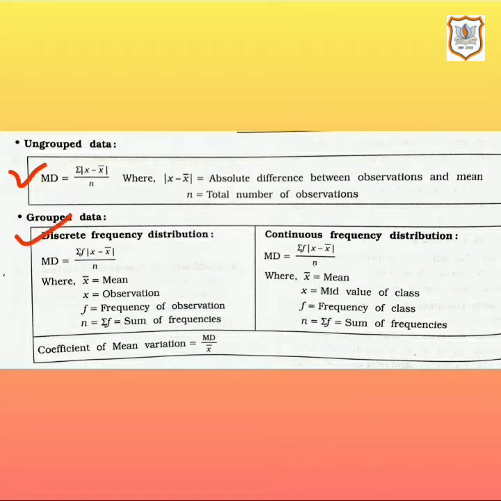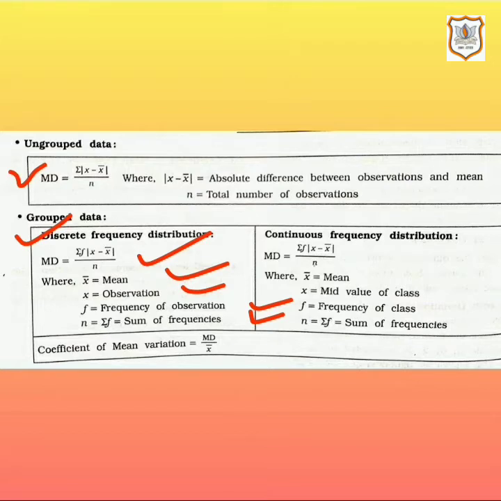For grouped data in discrete frequency distribution, the formula is mean deviation is equal to sigma f absolute x minus x bar upon n, where x bar is mean and x is the observation, f is frequency, sigma f or n is one and the same thing.